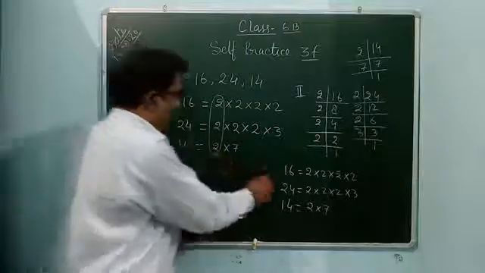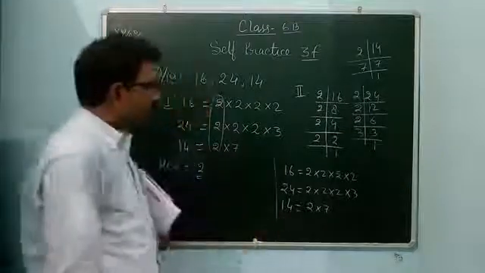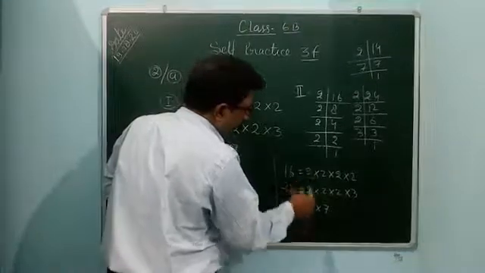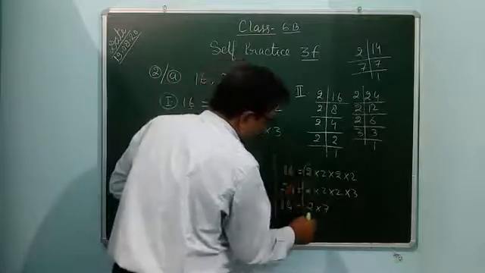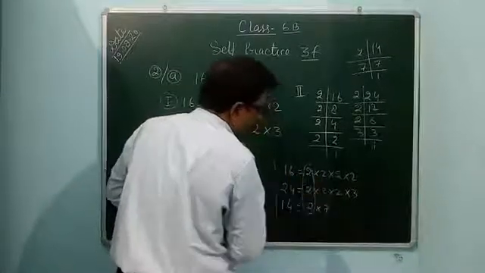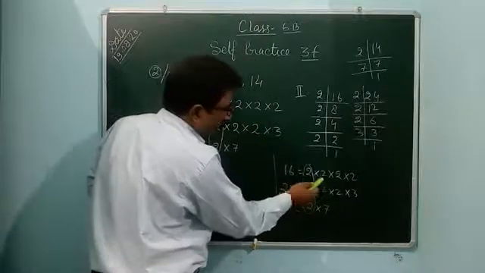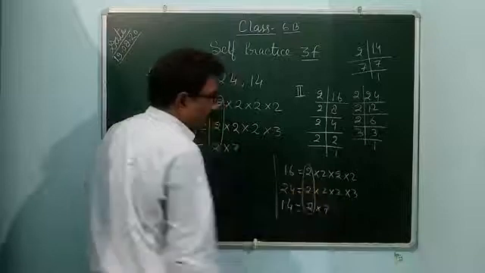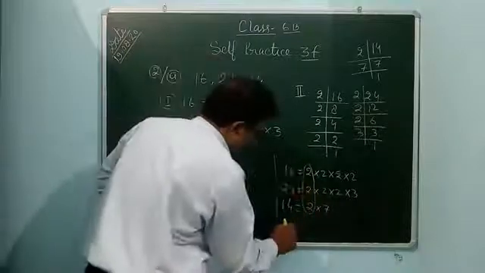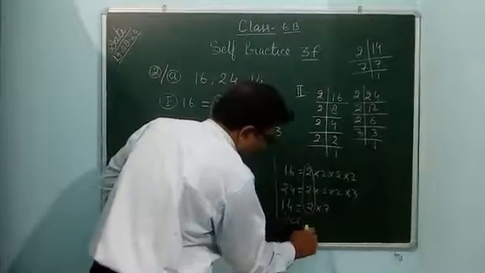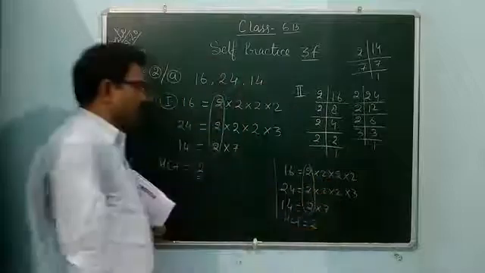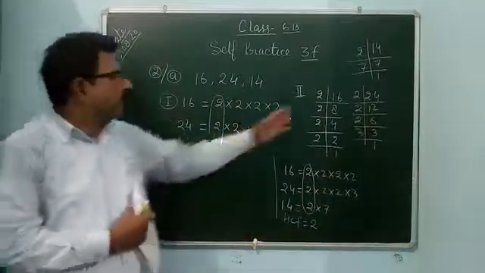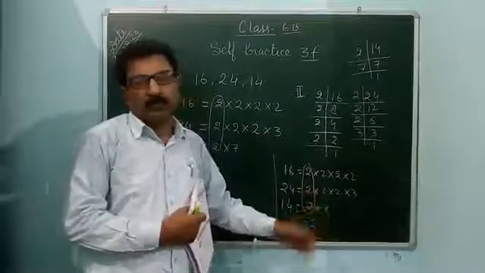Here 2 is common, here 2 is common, again you see 2, but here there is no 2, here 7. 7 is not there. So only 2 is common, so SCF is equal to 2. With this method also, SCF is equal to 2.